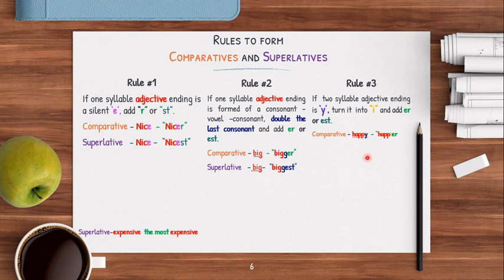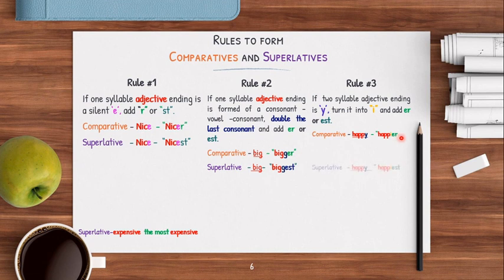So whenever a two-syllable adjective ends in y, we remove that y, take it out, drop it, whatever you want. You just eliminate that y, and then you add i. That i in yellow, you add in front of the last consonant, so happy becomes happi, and then you add er: happier.